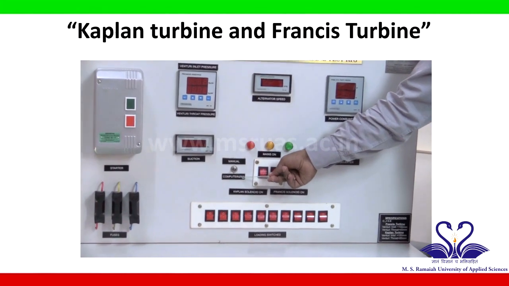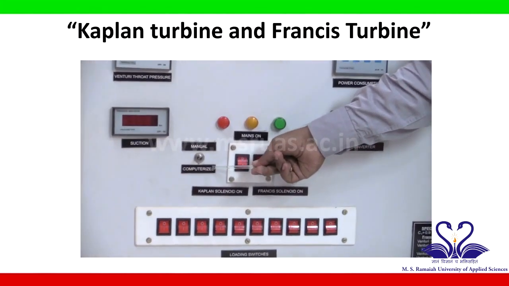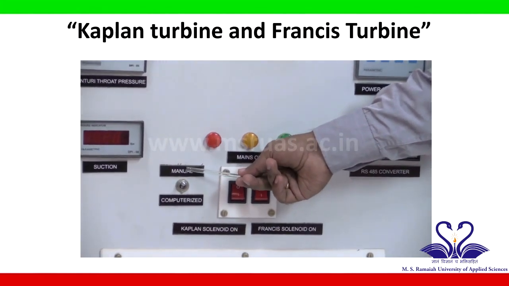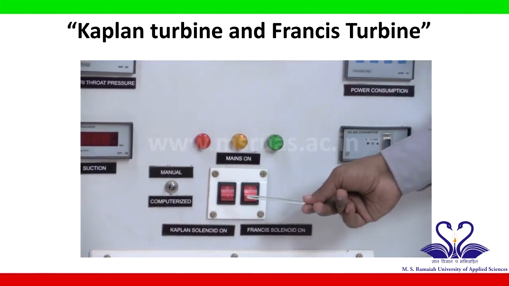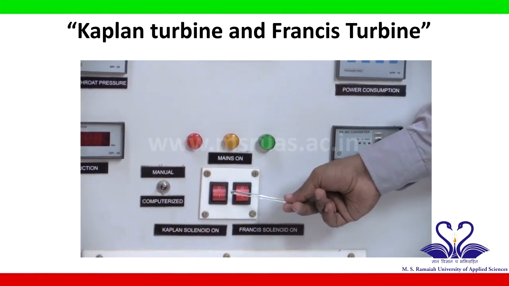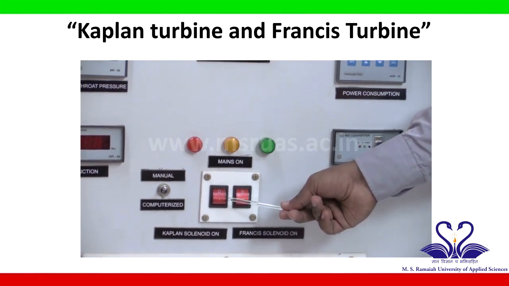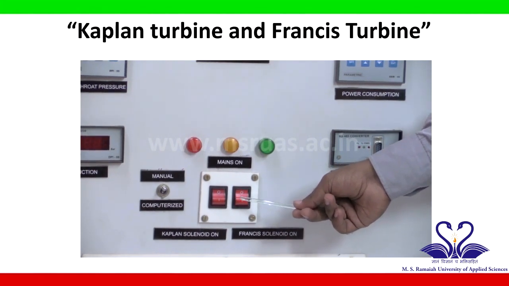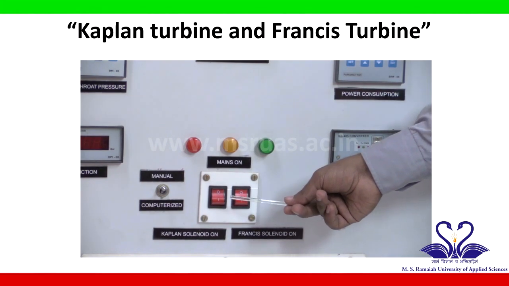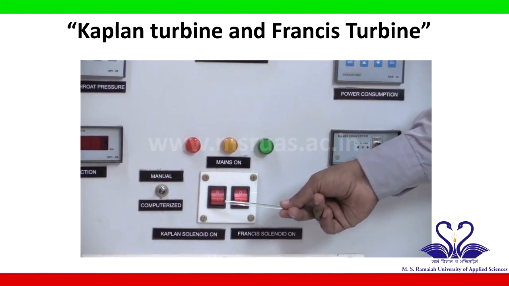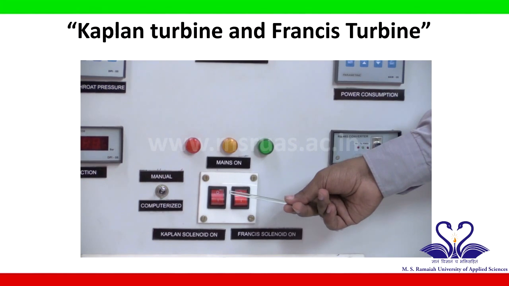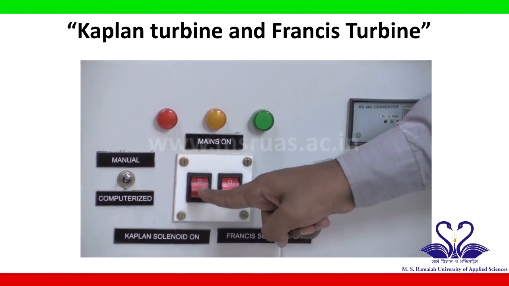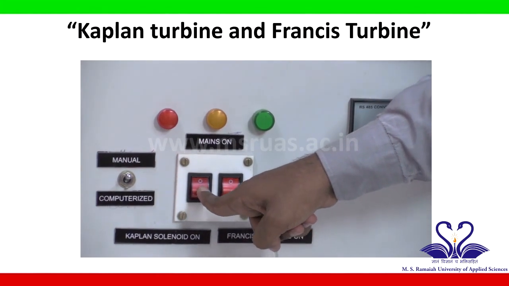Since we are conducting the experiment manually, we have to keep the toggle switch towards the manual. And these two switches are for the solenoid valves on the venturimeter. We can switch on those switches which are with reference to that particular turbine. Since we are conducting the experiment on the Kaplan turbine, we shall switch on the Kaplan solenoid.